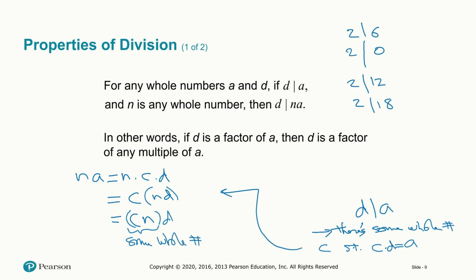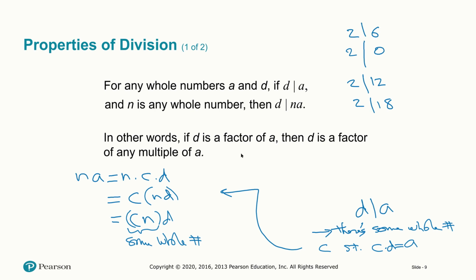So this is how we would actually go on to prove a statement like this, right? This is kind of like giving you a feel for how mathematical reasoning works, right? So basically, if d is a factor of a, d is a factor of any multiple of a as well.